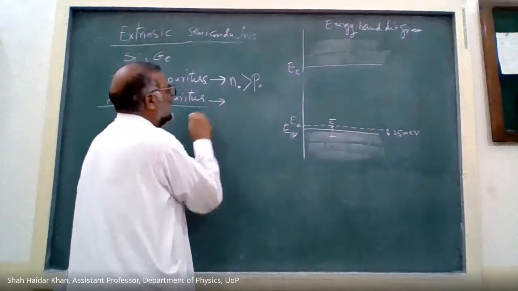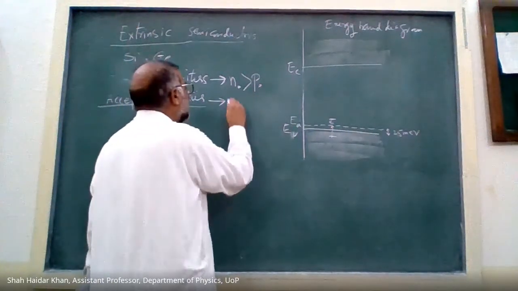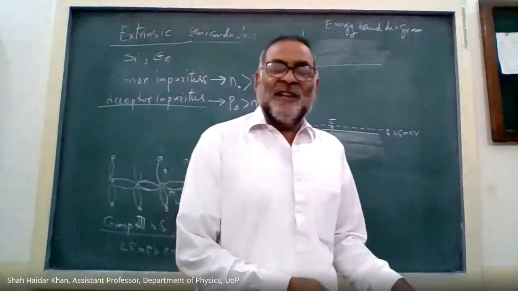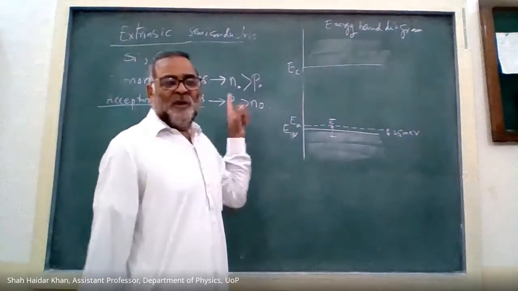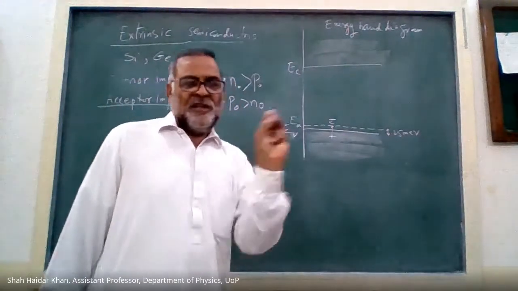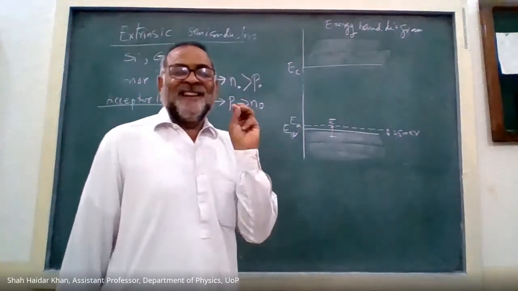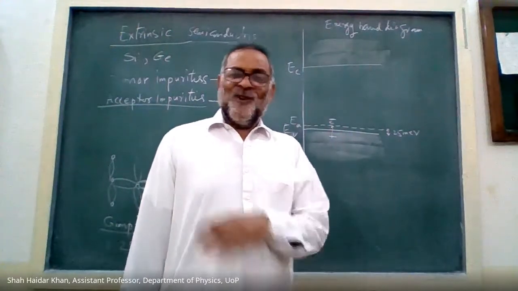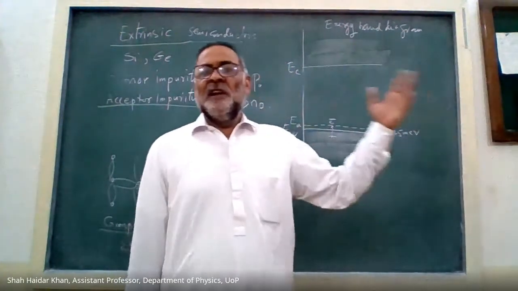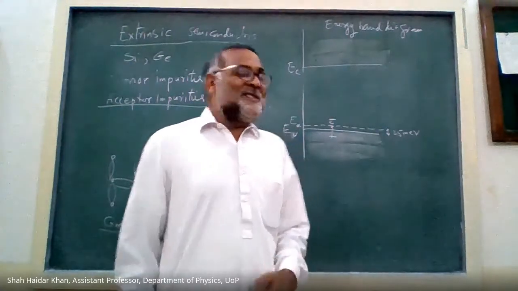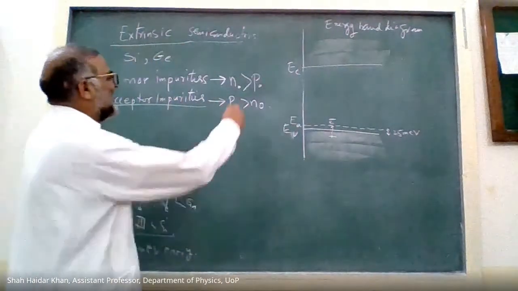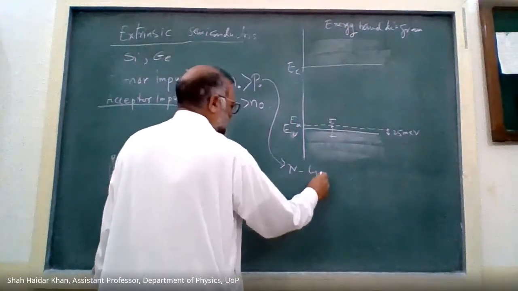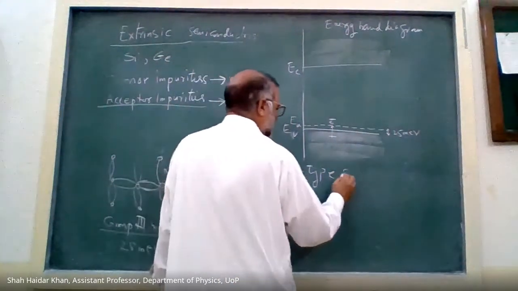And for this, p naught will be greater than n naught. The concentration of holes, if you have a third group impurity in silicon, then the conductivity will be mostly because of holes. This is called an N-type semiconductor.